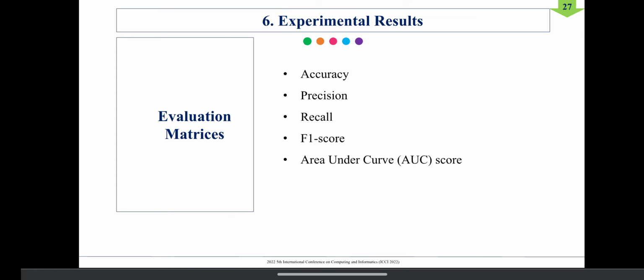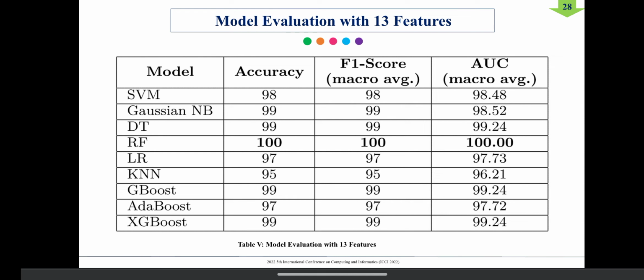Experimental results. We have used accuracy, precision, recall, F1 score and AUC score metrics to assess model effectiveness. Table 5 shows the evaluation outcome of different ML models using feature set F1 found in equation 2. The F1 set contains 13 important features to train and evaluate the models.